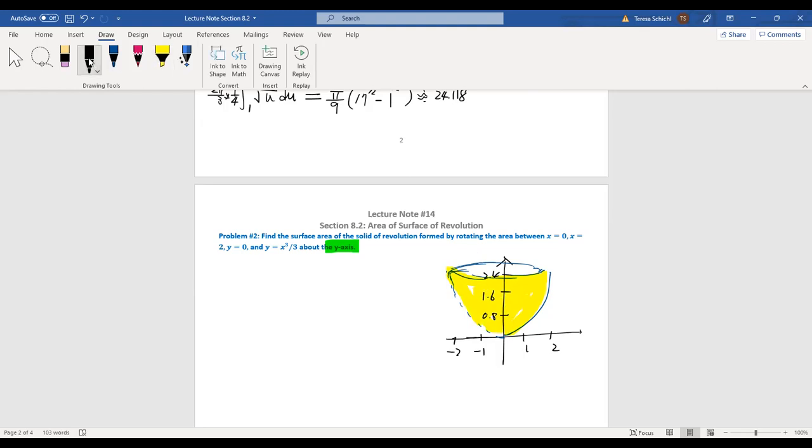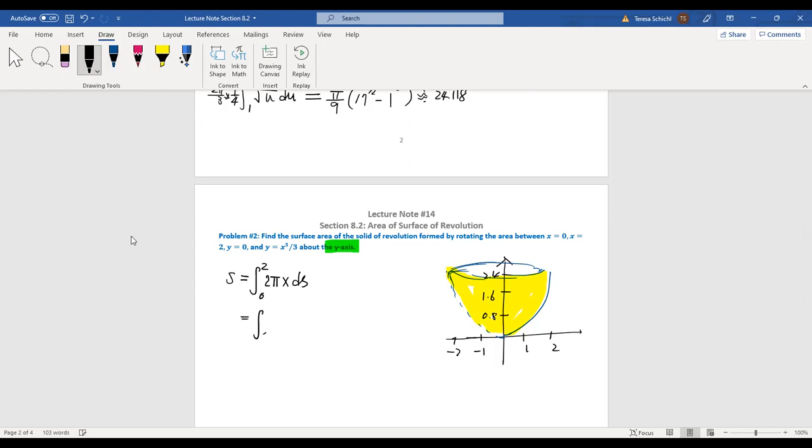So the surface area, if I'm rotating along the y, will be 2 pi x ds. And here x is from 0 to 2.